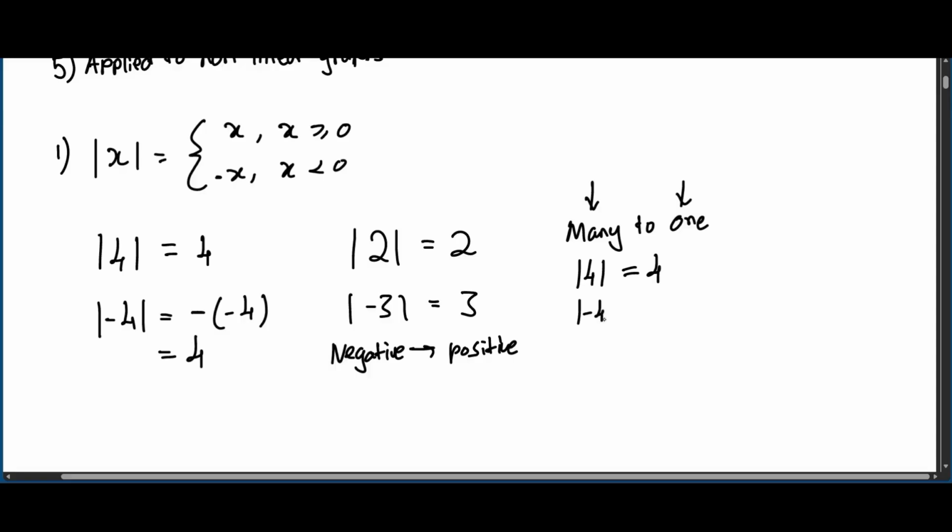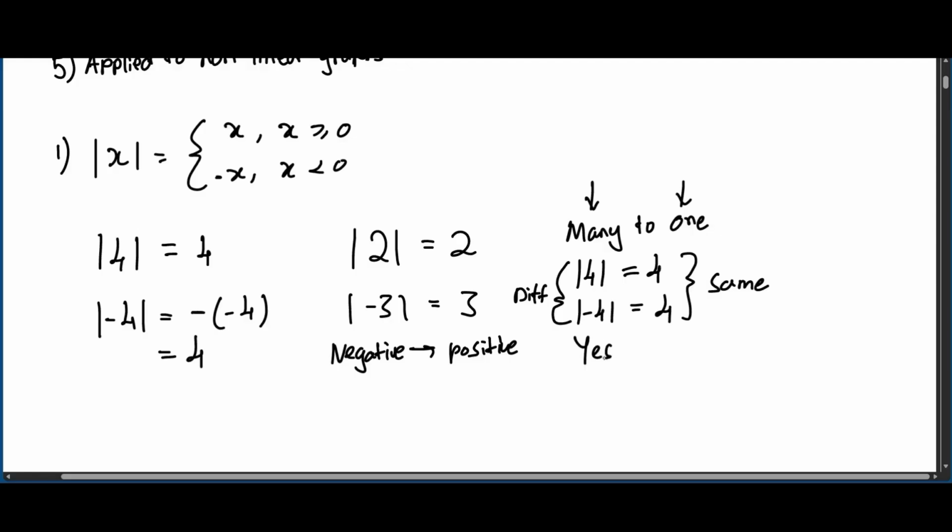Absolute value of negative 4 will be equal to 4 as well. Can you see that 4 and negative 4 are different inputs, but resulted in the same answer, which is 4? So this is considered a many-to-one function.